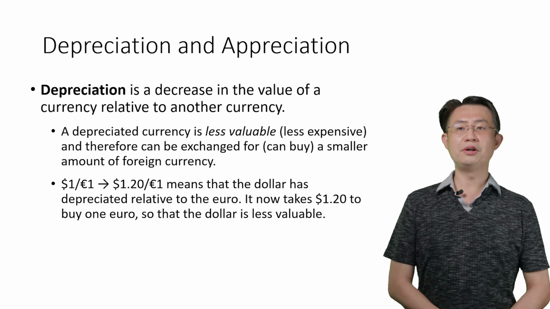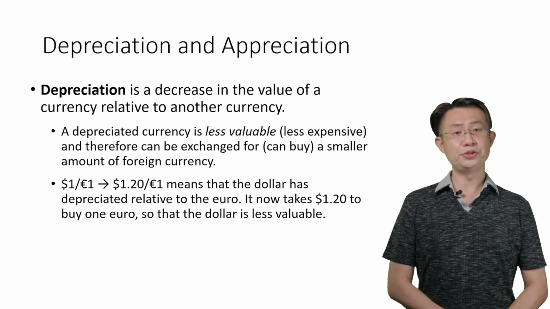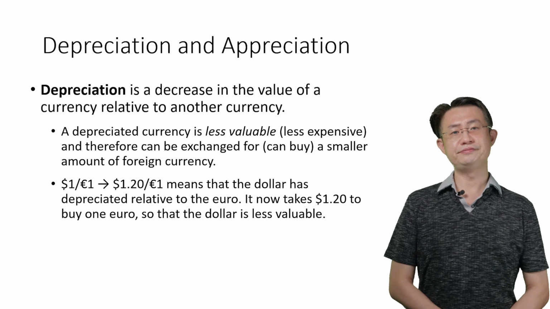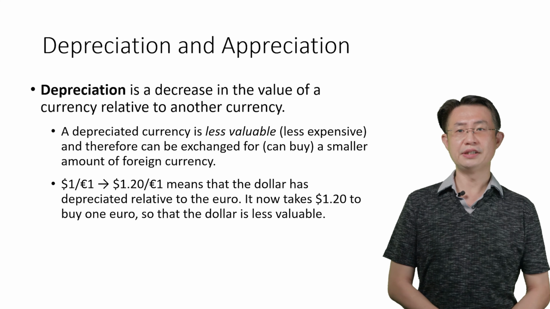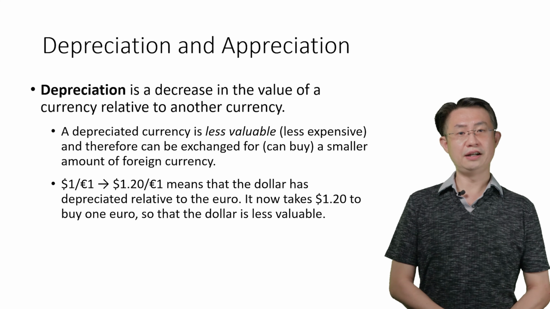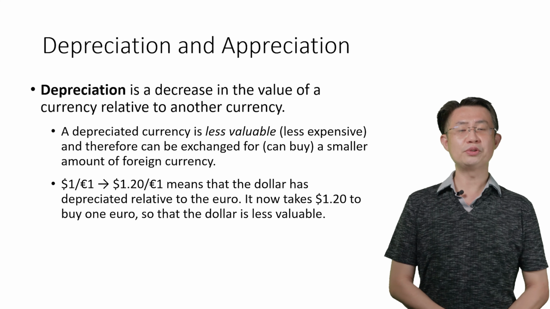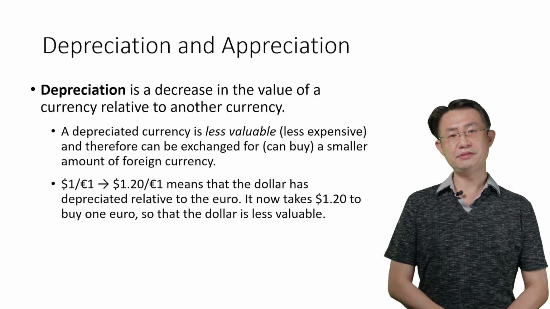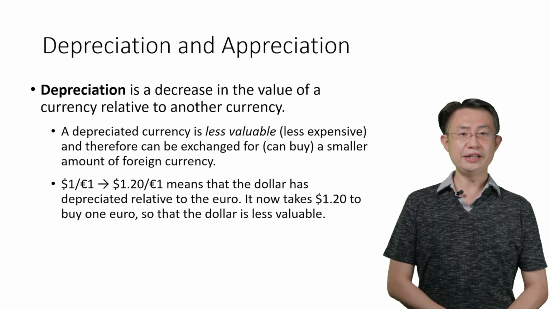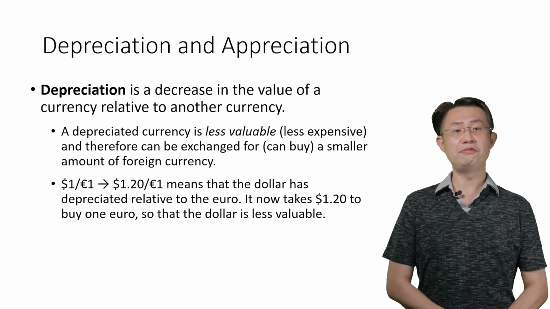For example, initially the current exchange rate equals 1, meaning 1 euro for 1 US dollar. In this example, we will use the direct quotation form. Let me remind you, in the direct quotation we consider the foreign currency, the euro, as the base currency, and the domestic currency, the US dollar, plays the role of the core currency.